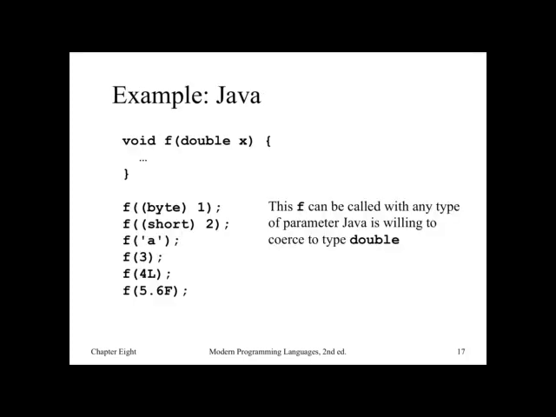And here's an example from Java. In this example, I have this function f, and it wants a double. It's going to take a value of x internally, and it's going to be of type double. Now, it turns out that any of these examples in Java, it's willing to take this one, which is an integer, cast it into a byte.